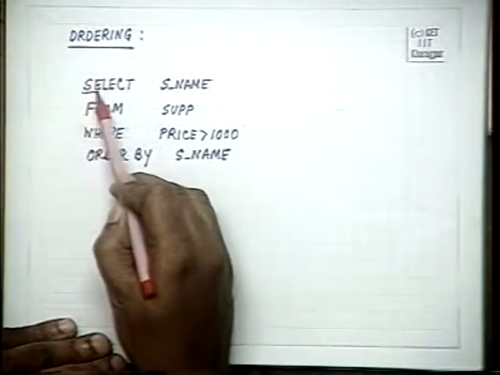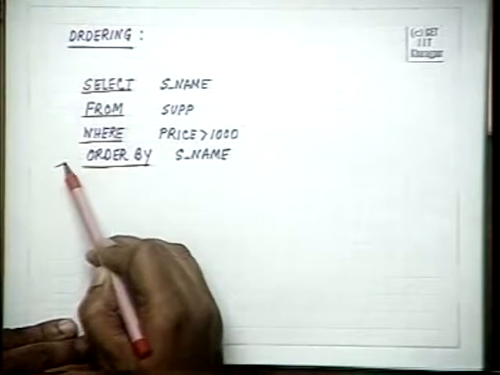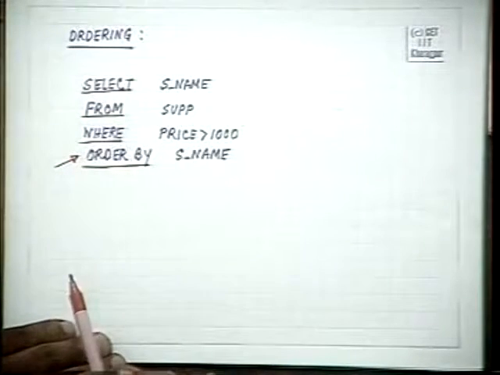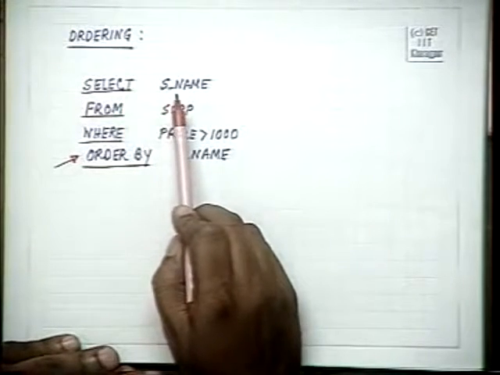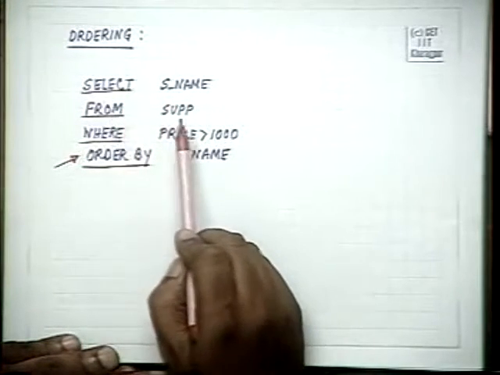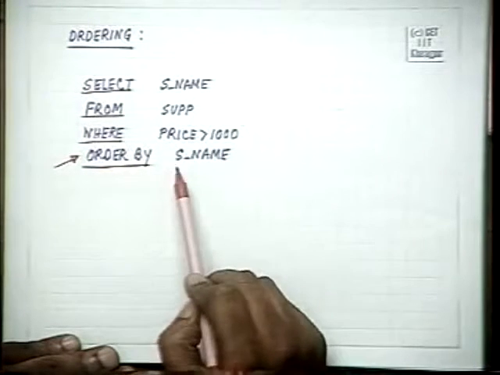Let us see this one, which contains the additional statement order by. This says select supplier name from sub where price is greater than 1000, order by supplier name.